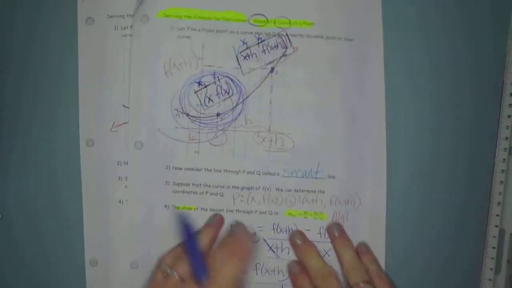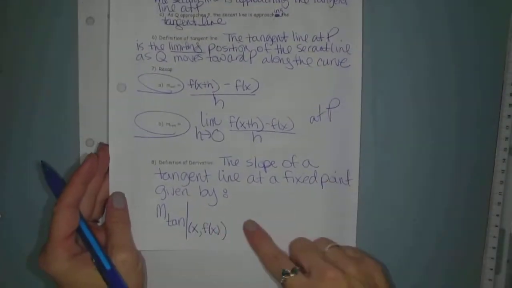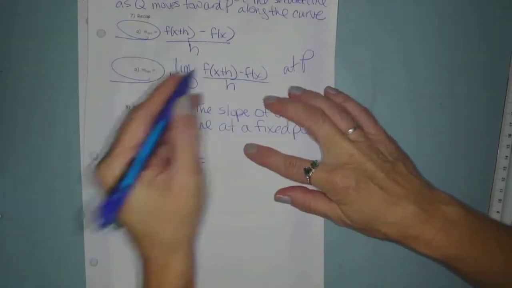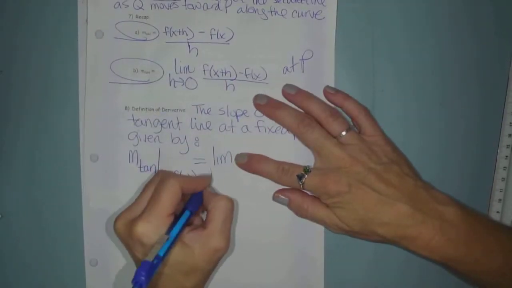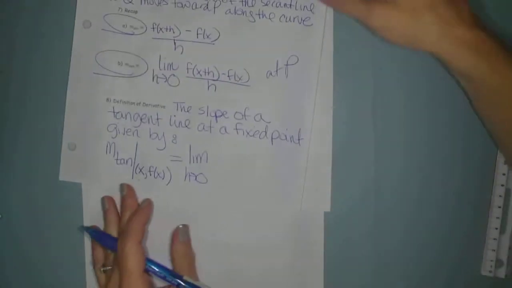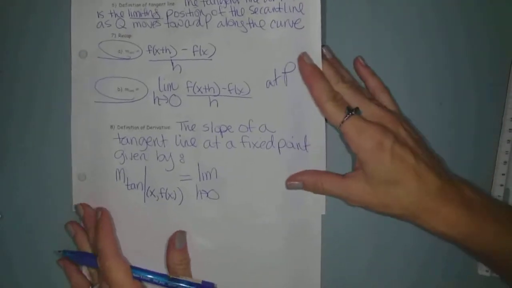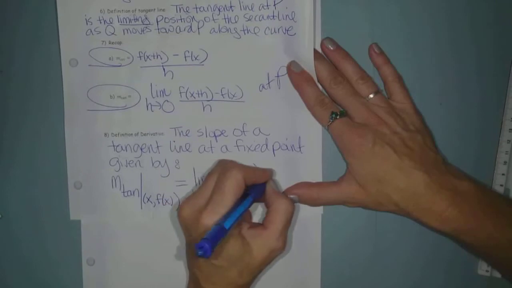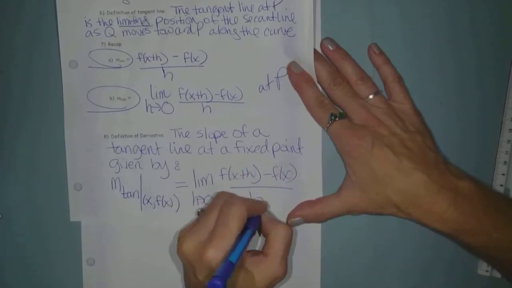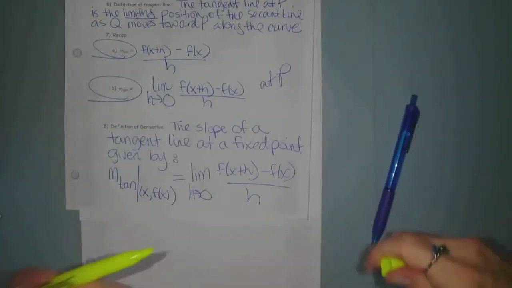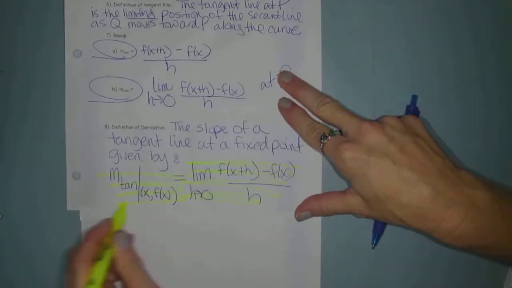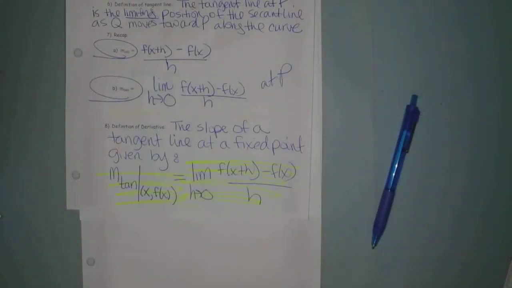So that's where we are. So the slope of the tangent line at the point x, f of x is given by, and then we just recopy this formula, the limit as h slides towards 0 of f of x plus h minus f of x all over h. I can't highlight this enough, this is the formula to find derivative.